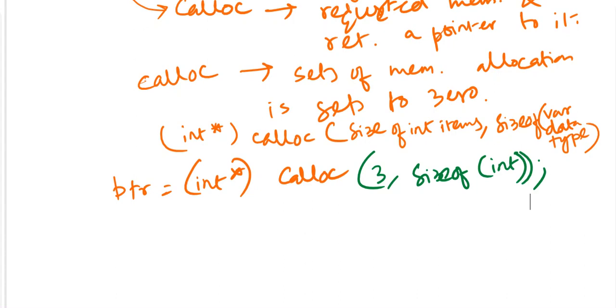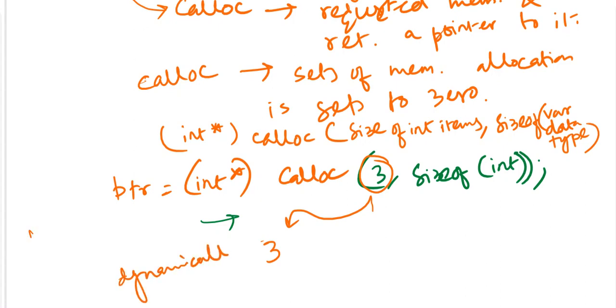Here it allocates dynamic memory for an array of 3 integers. Why 3? Because here the number is 3. So memory is dynamically allocated for 3 integers.